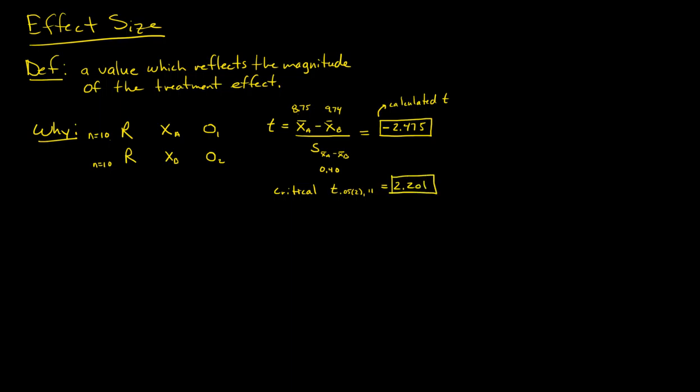So we set up the inequality: the absolute value of negative 2.475 is greater than the critical t of 2.201. Therefore, our decision was to reject the null.